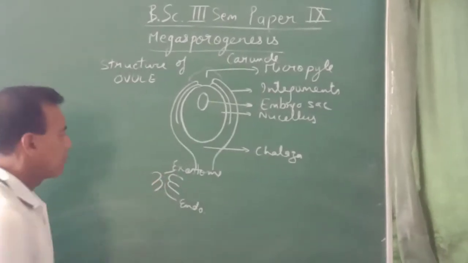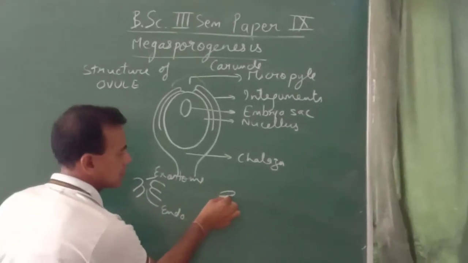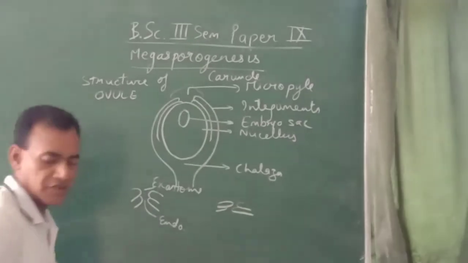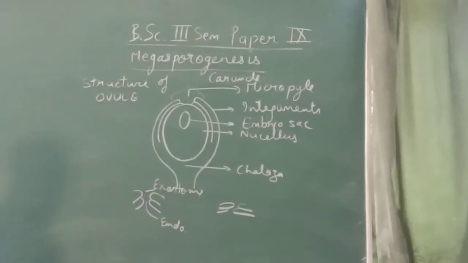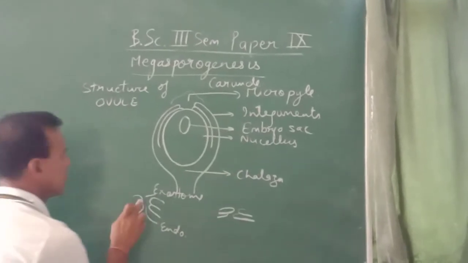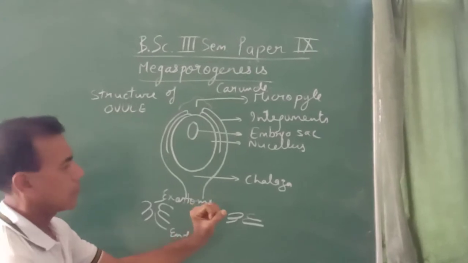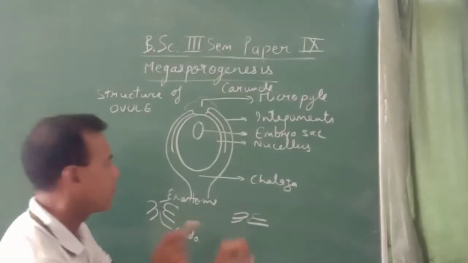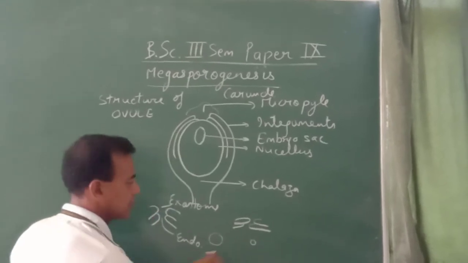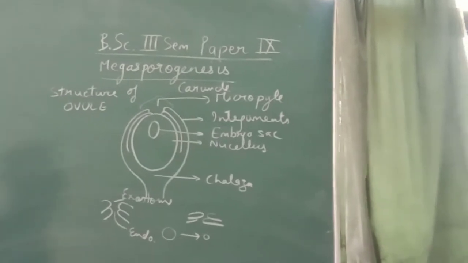This passage may be straight as I have drawn here, or it may be zigzag. Sometimes these integuments come so close that the micropyle reduces considerably in its diameter, making it a very small pore-like structure.